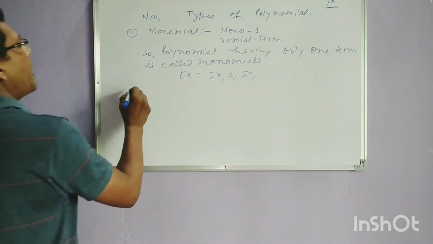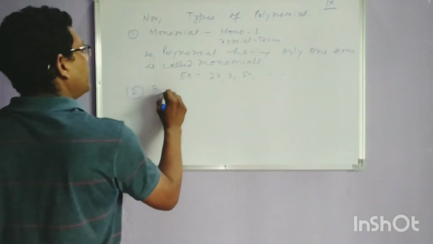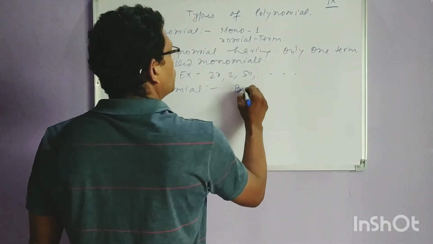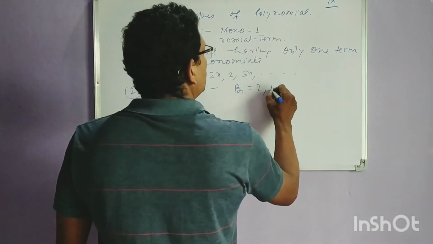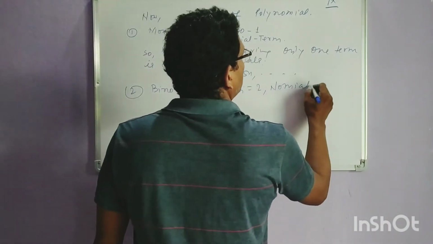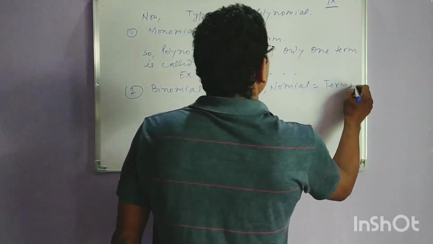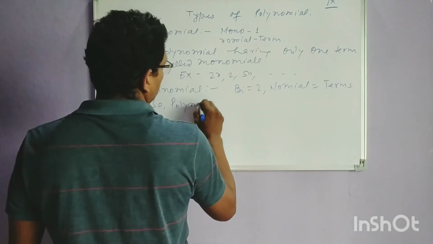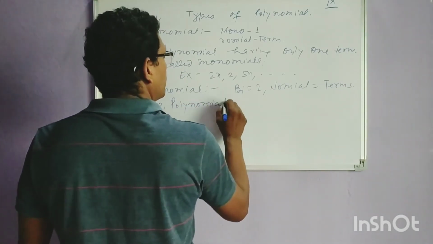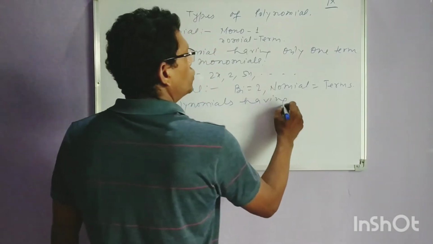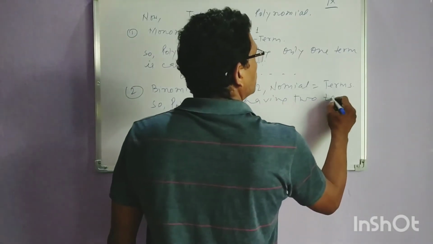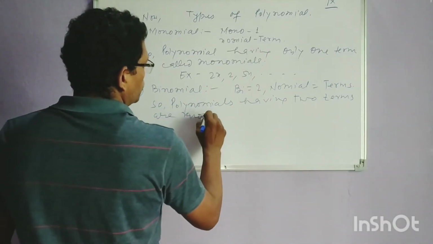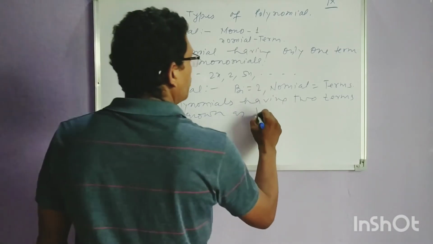Next one is binomial. Bi means 2 and nomial means term. So polynomials having two terms are known as binomials.